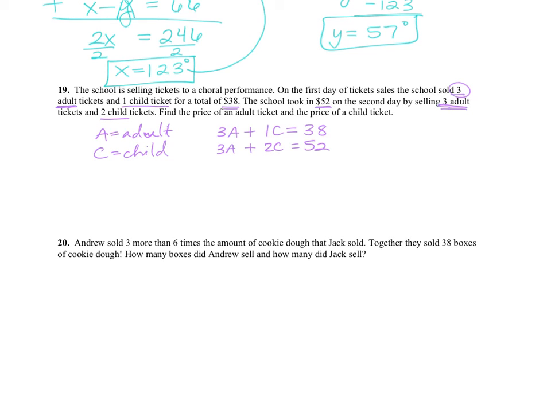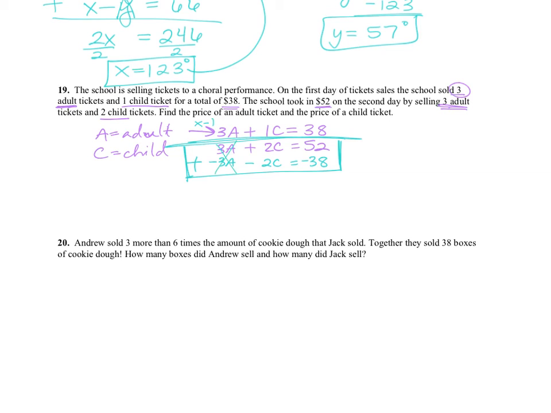You could subtract them, or you can make them opposites. So if I just multiply this whole thing by a -1, it would be -3a minus c equals -38, and now I can add them together. Okay, so I'm just adding these two together because I multiplied this by a -1.